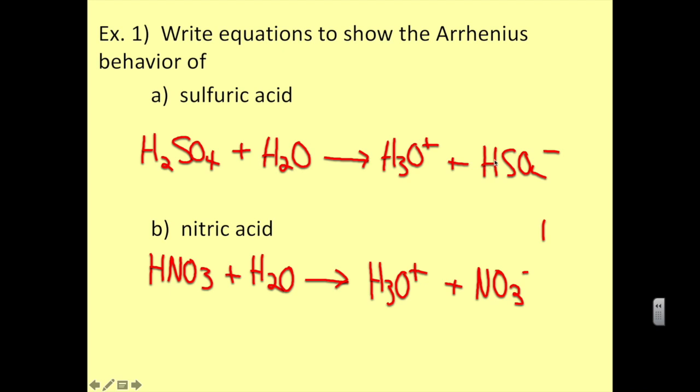Now, we still have a hydrogen attached to this, so it can dissociate one more degree to make the second H3O+ and then the SO4 2-. So this sulfuric acid actually has two hydrogens to give when nitric acid has one hydrogen to give. We also call hydrogens protons, so this would be called a monoprotic acid. And then here, this would be called a diprotic acid, okay? Those terms will be important later.